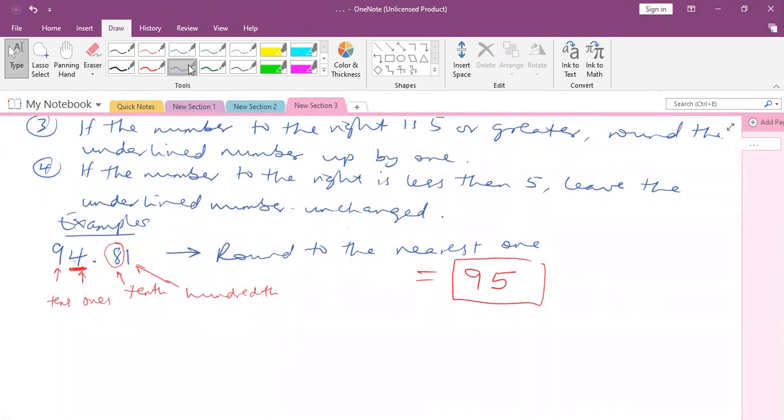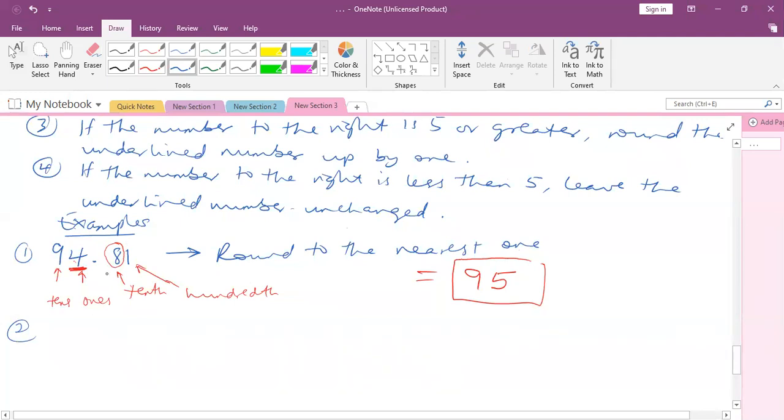So this is the first example. Now let's look at another example. Let's round 134.28 again to the nearest one.